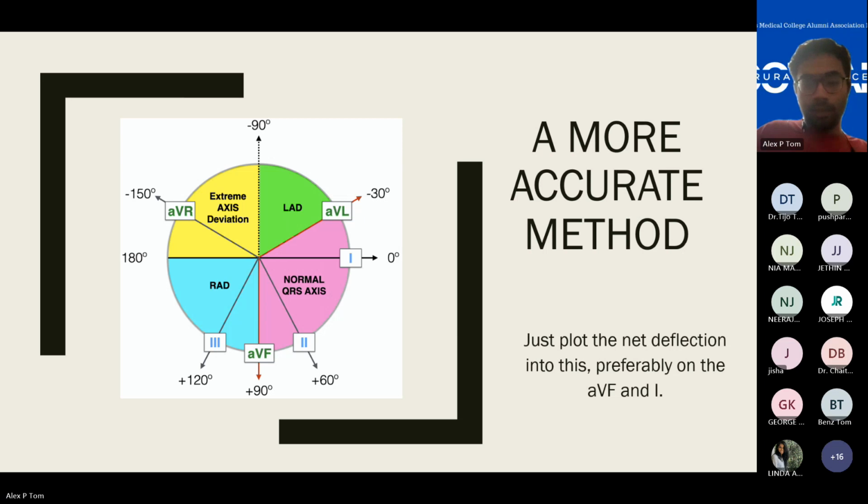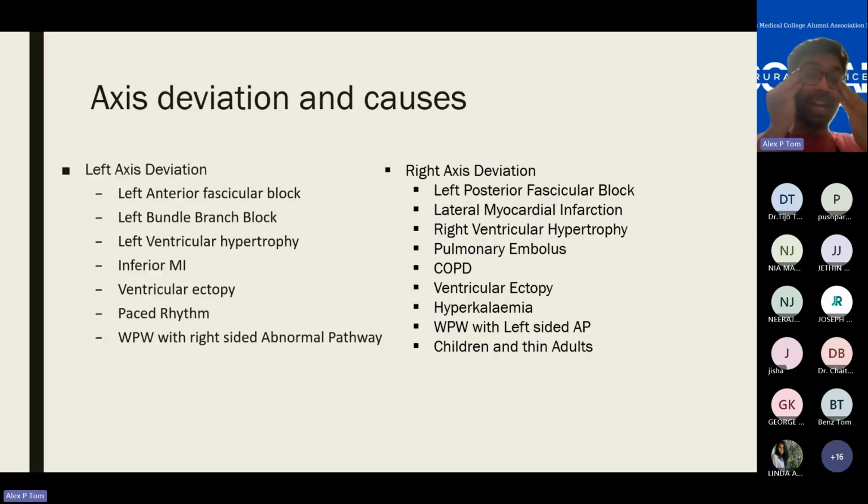Okay. All right. So once you have figured out the axis, you will get to know whether there's a left axis deviation or a right axis deviation. And there are lists of causes for left axis deviation and right axis deviation, but none of these are confirmatory.